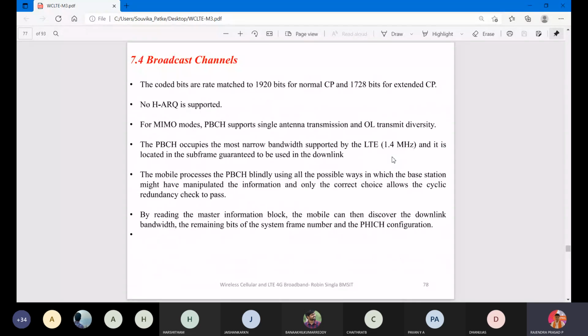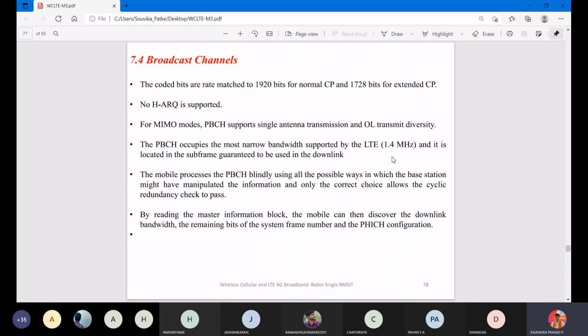The coded bits are matched to 1920 bits for normal cyclic prefix and 728 bits for the extended cyclic prefix. So the standard bit value, how many bits there will be, that is what he is saying. Now you observe that no HARQ is supported, which means no acknowledgement is provided in this broadcast type.